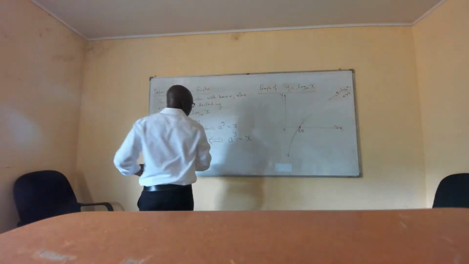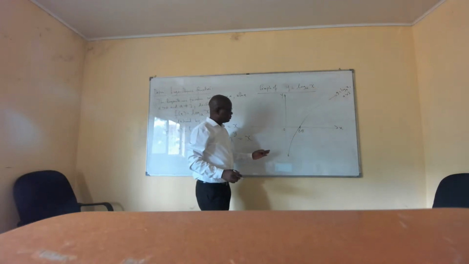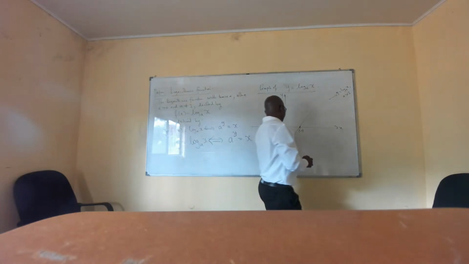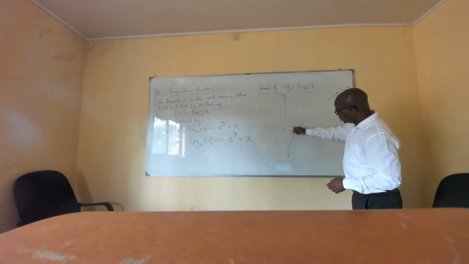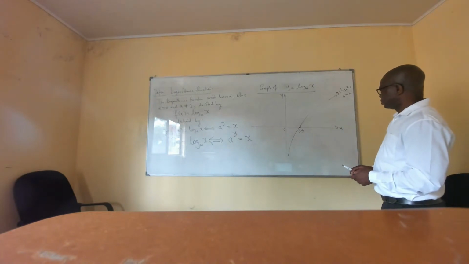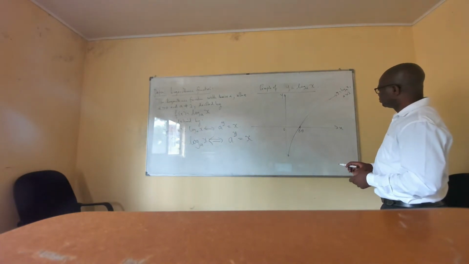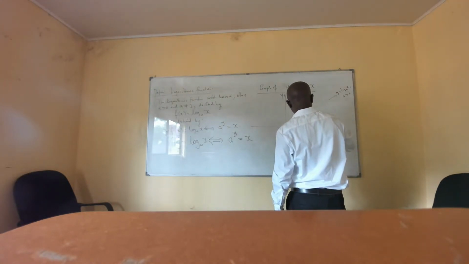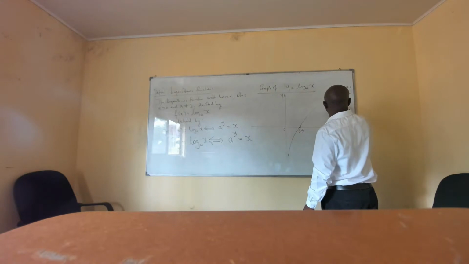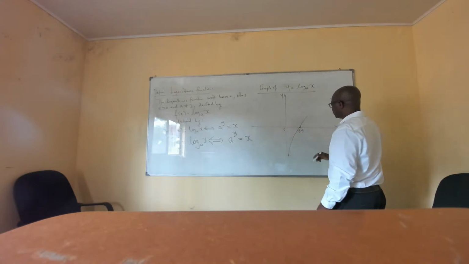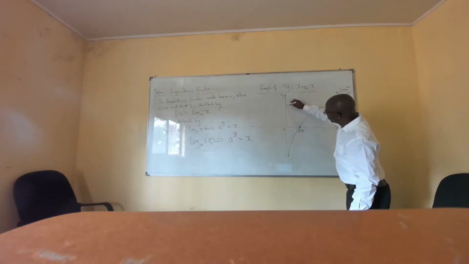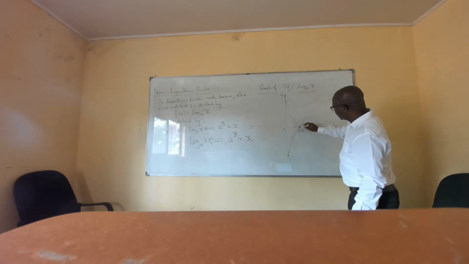Okay, so you see that it's defined for all positive real numbers. Remember, it's not defined at 0. And it happens that when your A, the base, is between 0 and 1, the function comes asymptotically to that.